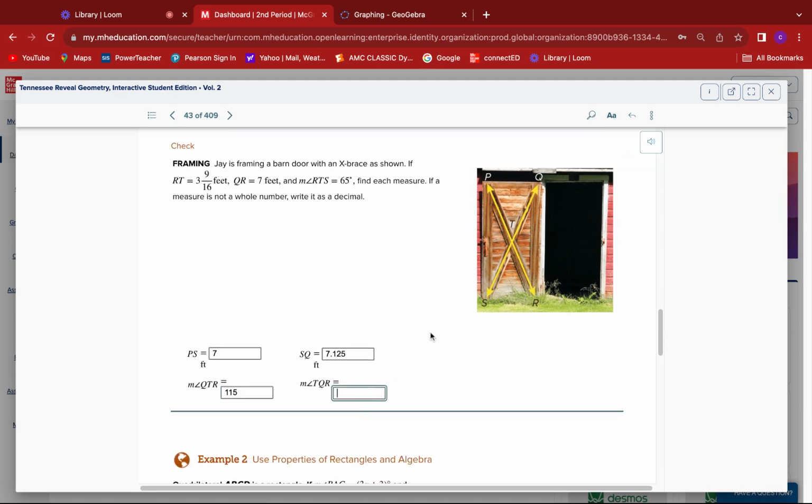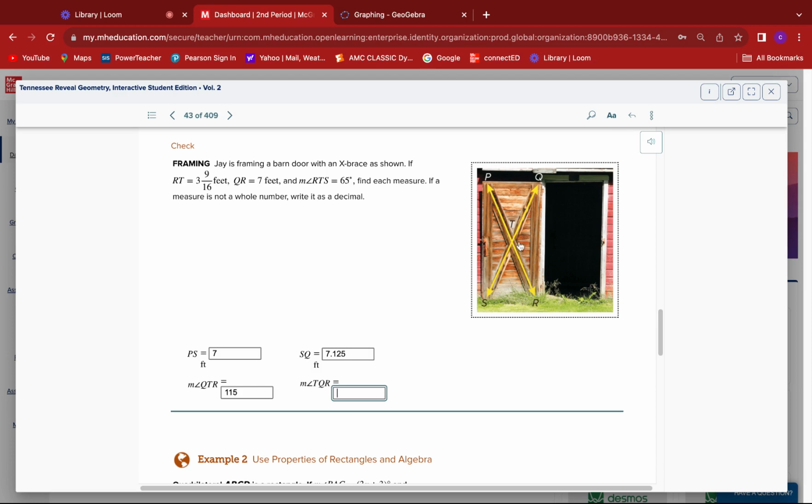And last but not least, TQR. TQR is this angle. If you paid attention to what I just said a second ago, all of these are isosceles triangles. What that tells us is this angle Q and the angle R in this isosceles triangle are the same. They are equal to each other.